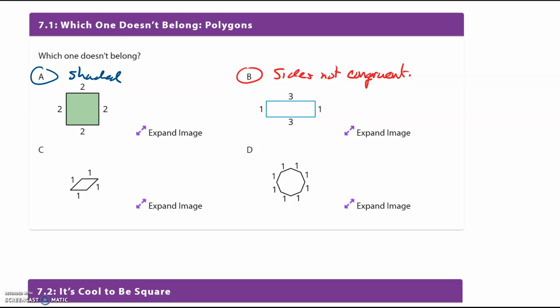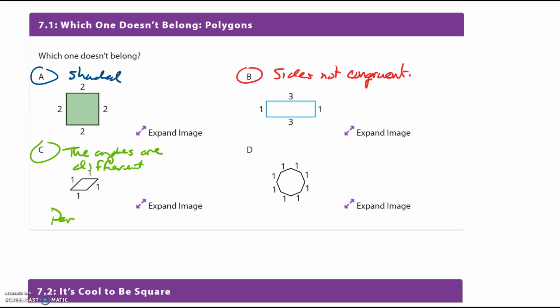For polygon C, some people say this one doesn't belong for 2 reasons. One is no right angles, or the angles are all different. And other people say it's the only one that doesn't sum to 8.